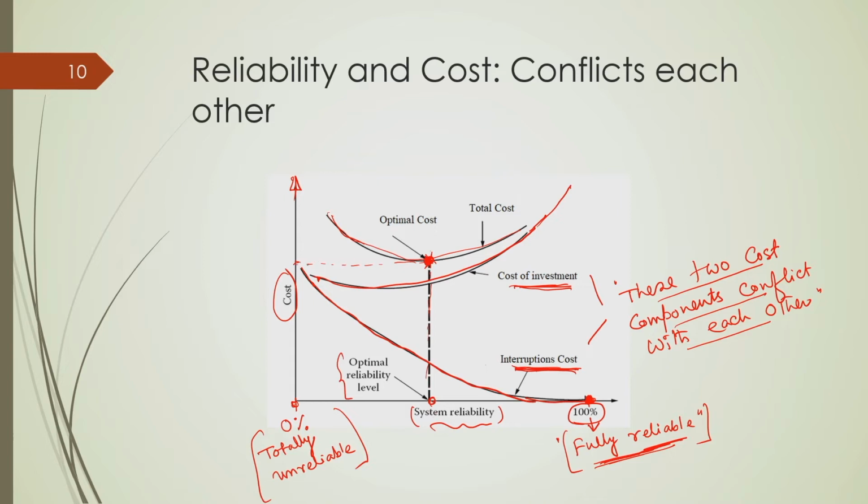So, this optimum or minimum cost corresponds to the optimum reliability level. Sometimes this is taken as a standard for a utility to understand how much investment to make to improve the reliability of the network. Okay.